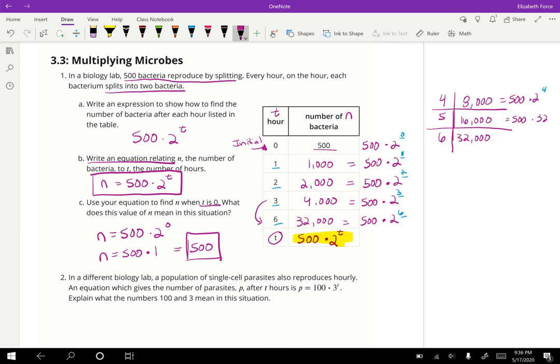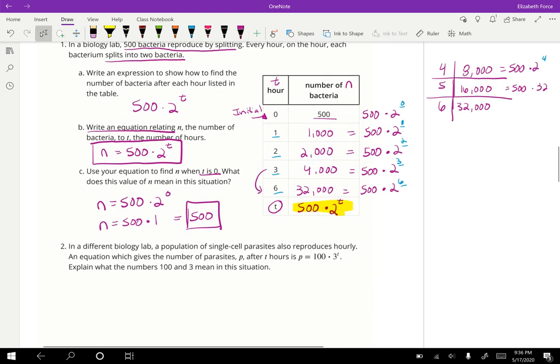For number 2, in a different biology lab, a population of single-cell parasites also reproduces hourly. An equation which gives a number of parasites p after t hours looks very similar to our one up there, right? In this case, p is parasites. We've got the 100 times the 3 to the t. Explain what the numbers 100 and 3 mean in this situation.